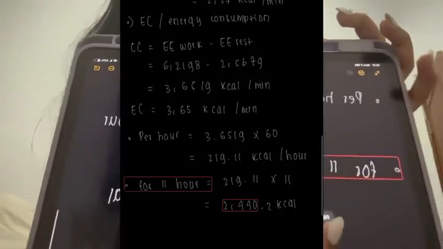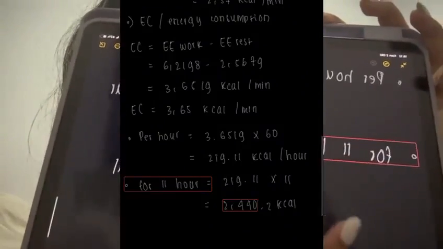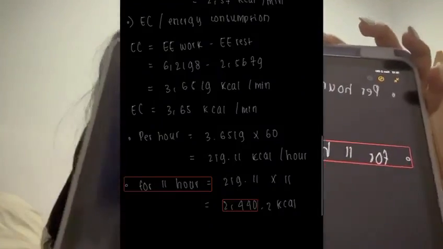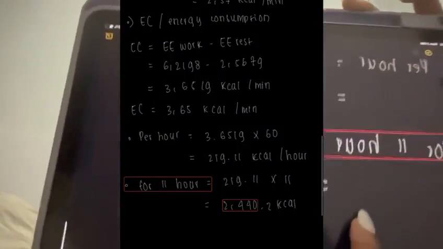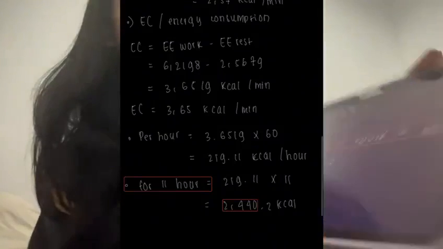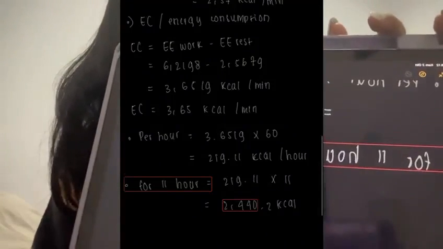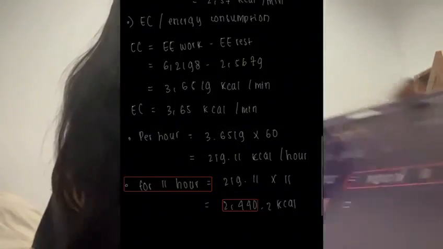And for 11 hours we have 219.11 times 11, so the result is 2044.2.